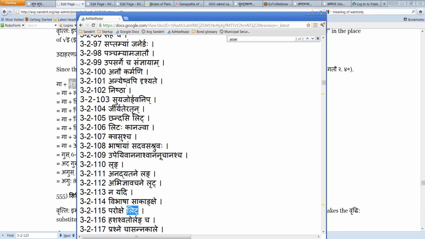Okay, so don't be surprised if you see this being used interchangeably in some places. So these anadyatane and parokshe, and particularly anadyatane, may not be strictly applied. So lung may be used sometimes, even when the action is exclusively not of today. But as far as the Ashtadhyayi is concerned, lung should be used only when there is a today component to the action.